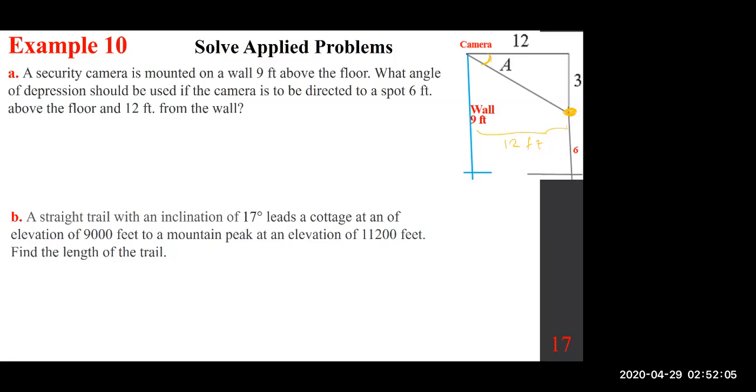Tangent will do the job, which is the opposite over the adjacent. Because this is 9 feet, and we know this is 6, then this must be 9 minus 6, or 3. So we should calculate that in case it's not given.